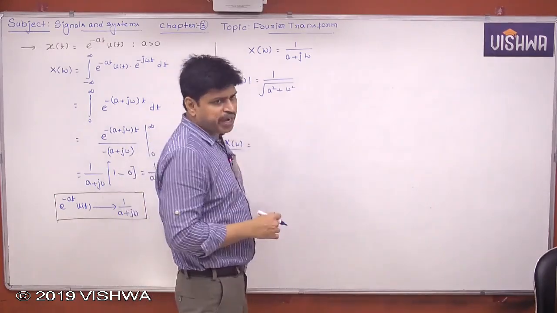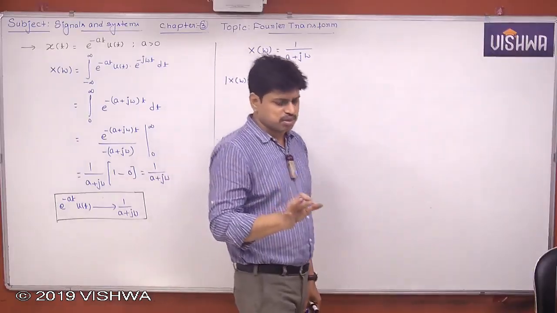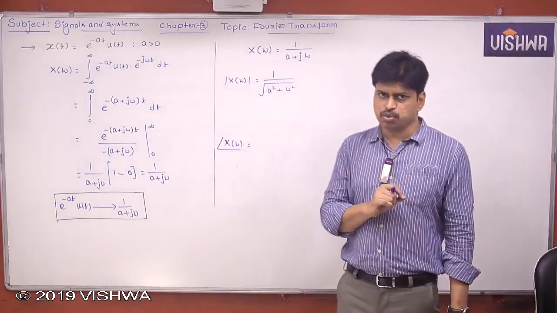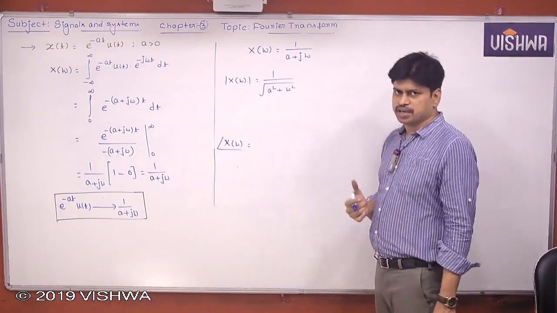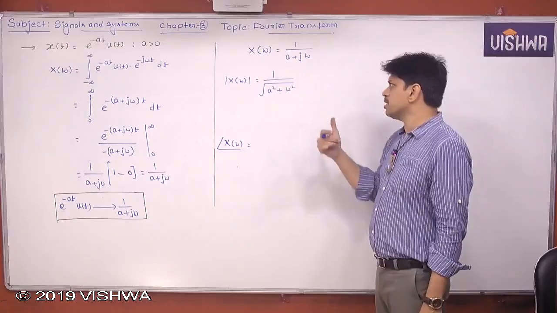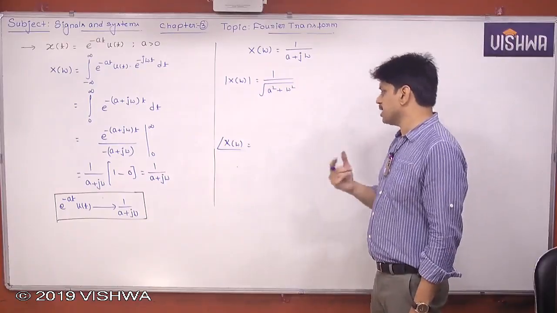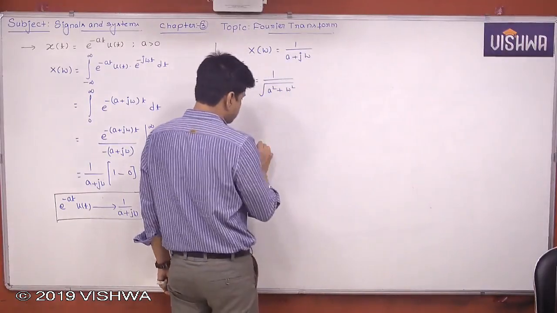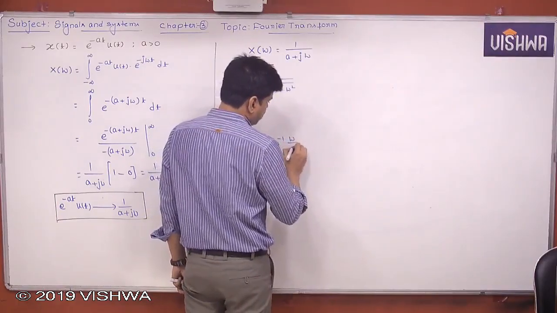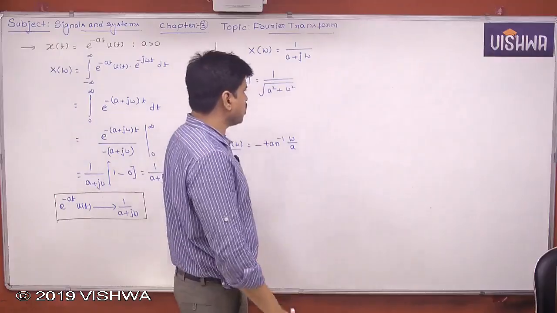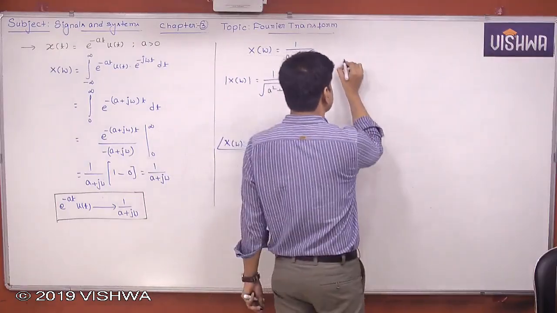A plus j omega is given. For that, what is the angle? Tan inverse omega by a. Because it is in the denominator, the angle is minus tan inverse omega by a.